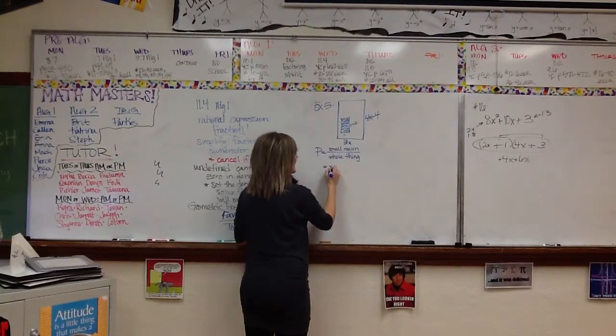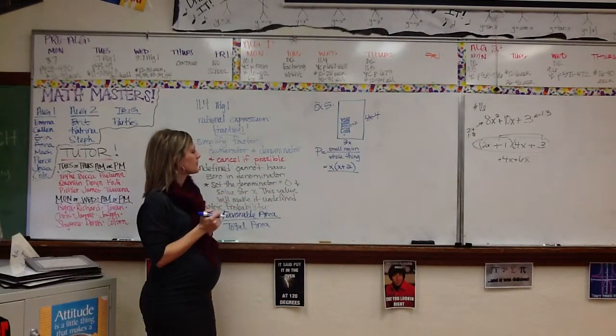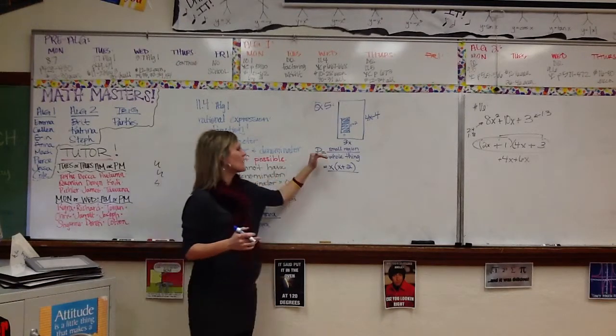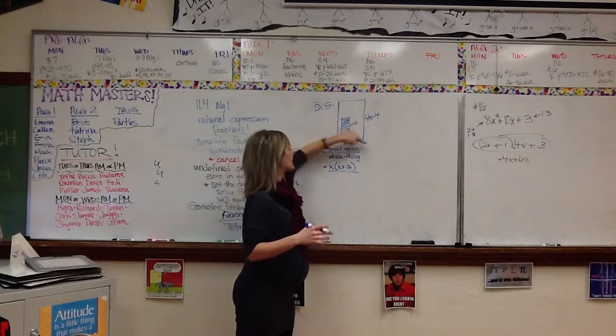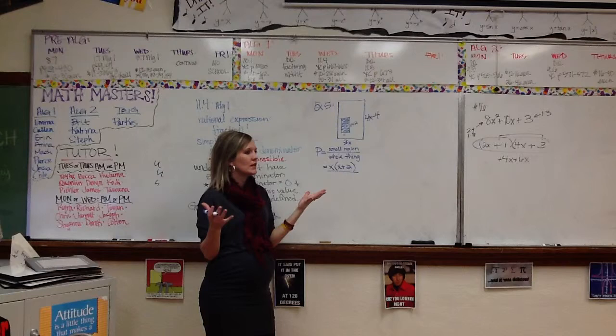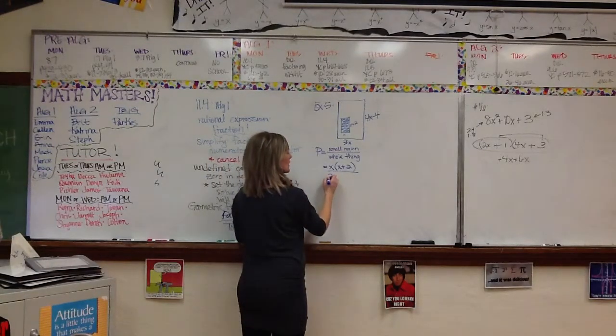So you're taking x times x plus 2. Then we take it over the total area, the area of the whole thing. The whole thing, Maddie, is in what shape? A rectangle. Length times width, in this case 3x times 4x minus 4.